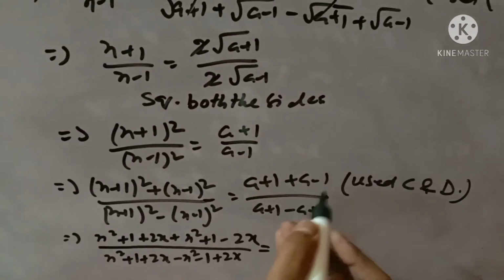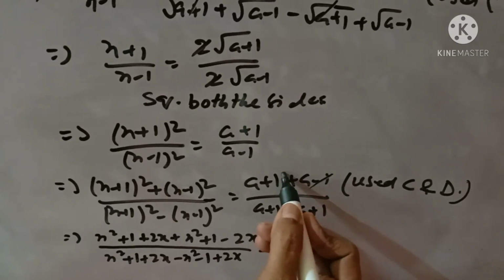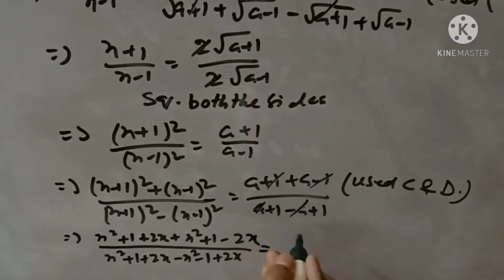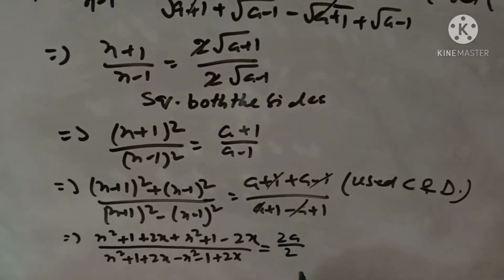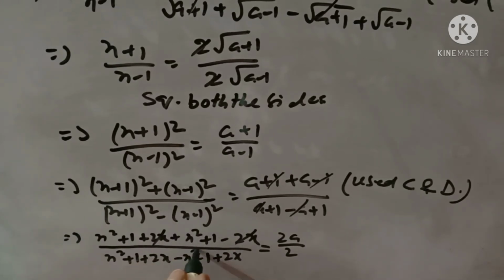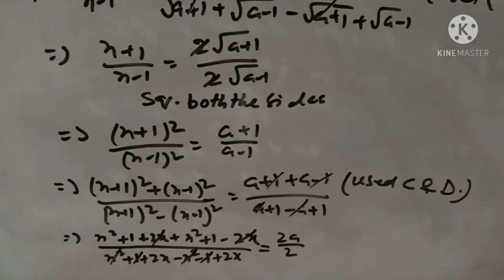So here we can cancel this part, here we can cancel it. Now I can write 2a by 2, and here we can cancel 2x, here x square plus x square minus x square, and plus 1 minus 1. Okay, up to here you write down.